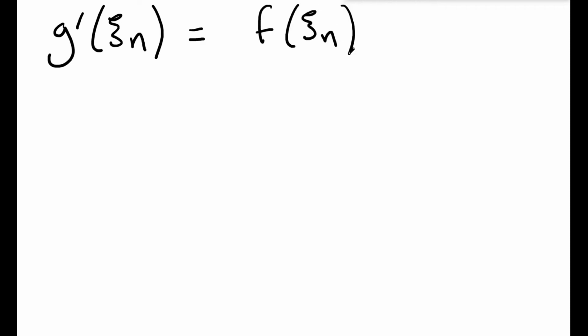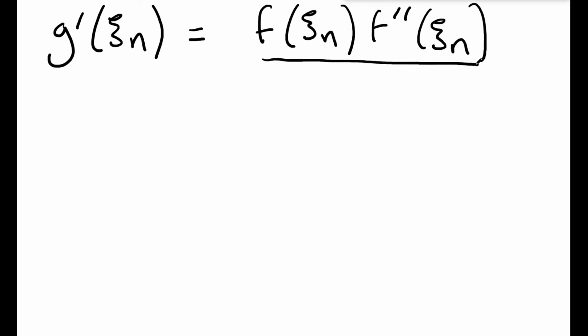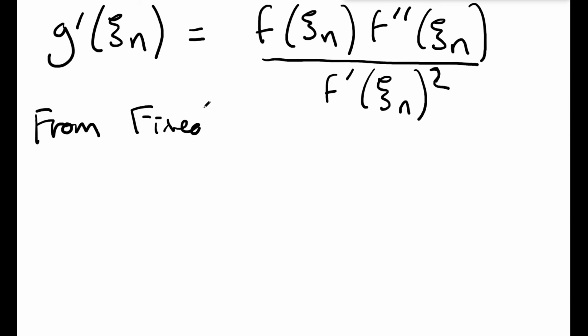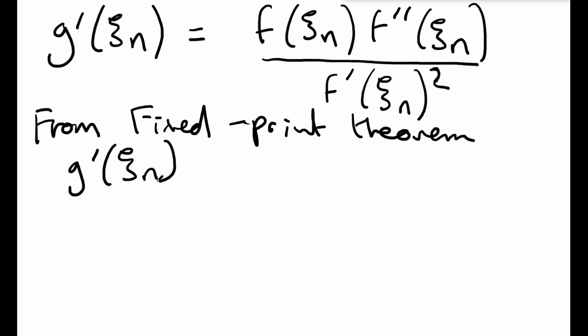So g prime psi of n equals f of psi of n, f double prime psi of n, over f prime psi of n squared. Right. And we know from our fixed point theorem that the modulus of g prime psi of n is less than 1 for convergence.